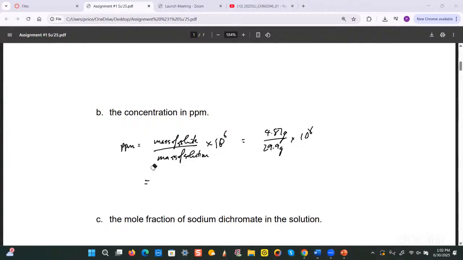So it would be 4.87 divided by 29.9 times a million. So the answer here will be 1.63 times 10 to the 5 parts per million. Again, rounded off to 3 sig figs.